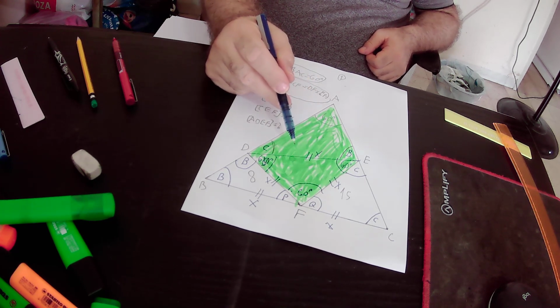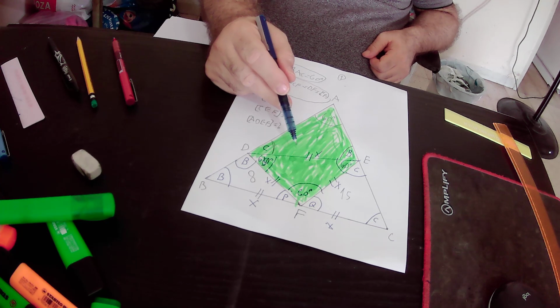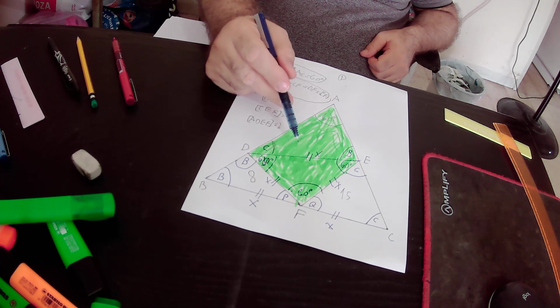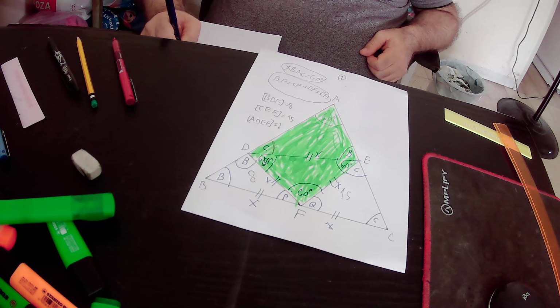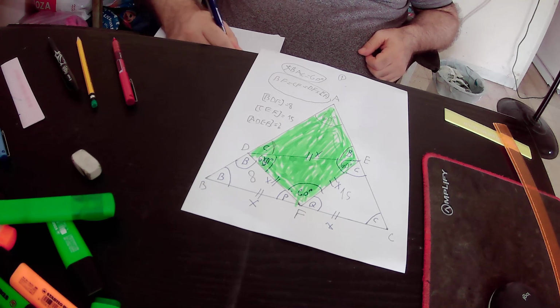Sine 60 is root 3 over 2, and root 3 over 2 over 2 is root 3 over 4. So in total, the area of triangle EDF equals root 3 times x squared over 4.